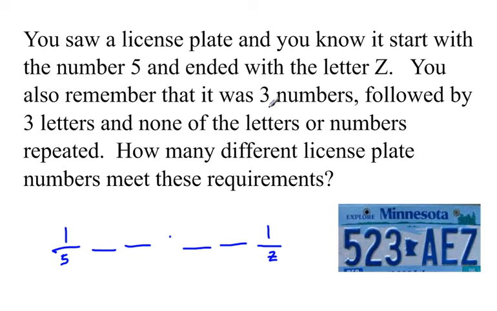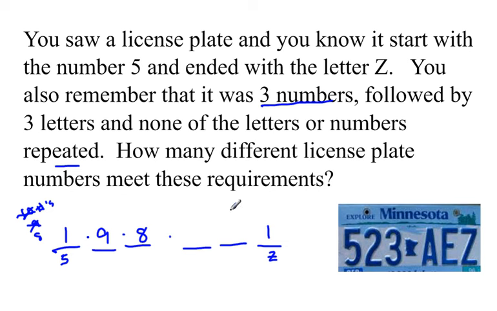Now, we know it's 3 numbers, and we know that nothing repeats. So that's 10 numbers in all. I used up the 5. That means I have 9 options left here. And then since I don't repeat again, I only have 8 options left here. So remember, 10 numbers. I used the 5 up, so now I'm down to 9 numbers here. I use a number here, now I'm down to 8.